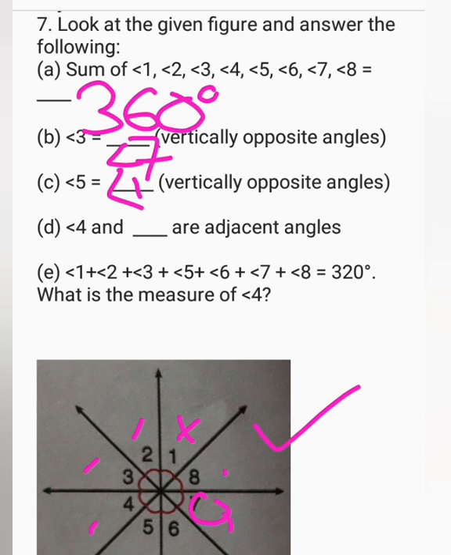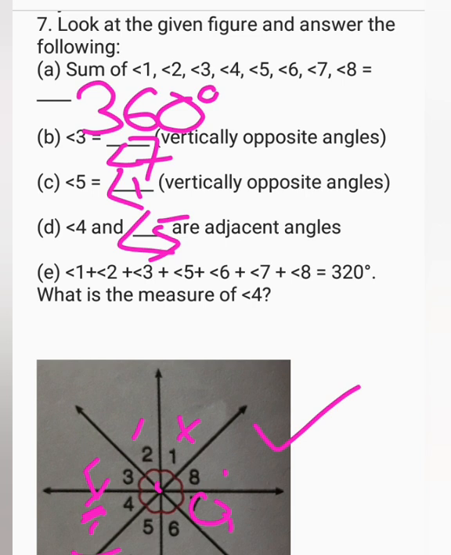Now next question, angle 4 and angle dash are adjacent angles. This is angle 4. We can say angle 5 and angle 4 are adjacent because there is a common vertex and this is the common arm between angle 4 and angle 5. We can also say angle 4 and angle 3 are adjacent because this is the common arm and this is the common vertex.